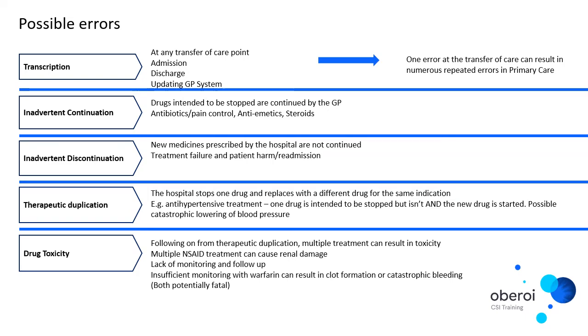Following on from the therapeutic duplication, multiple treatment can result in toxicity. So examples there, and then leading to lack of monitoring and follow-up. Insufficient monitoring with warfarin could result in blood clot formation or catastrophic bleeding. So you can see there's some big problems here that could happen if these discharge summaries aren't dealt with accurately.